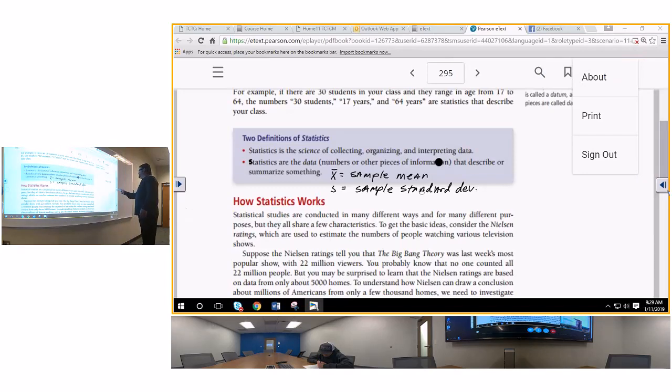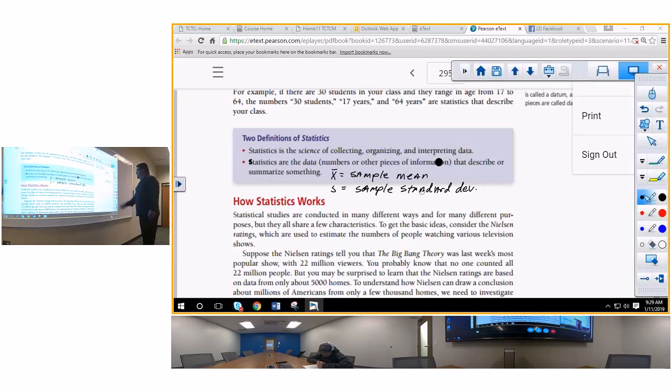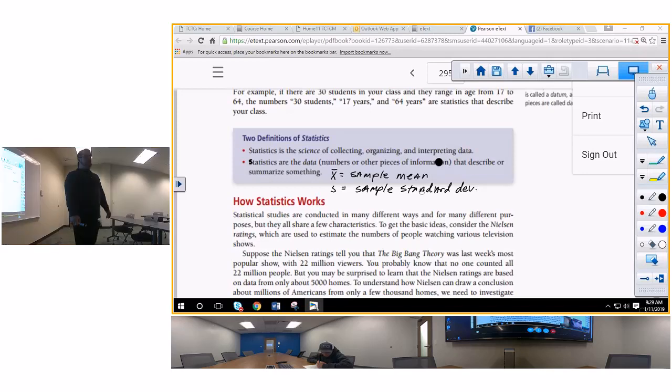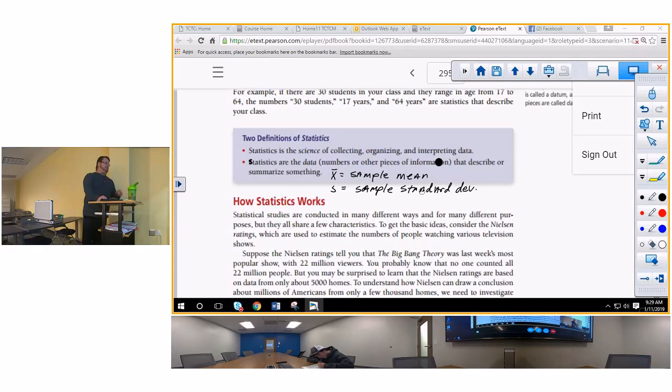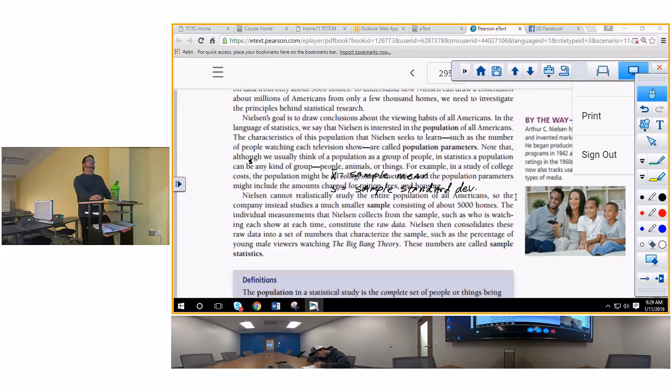So that is a test question. You could see that on a test: what's the difference between a capital S Statistics and a lowercase s statistic? That's a good question. Good to know.